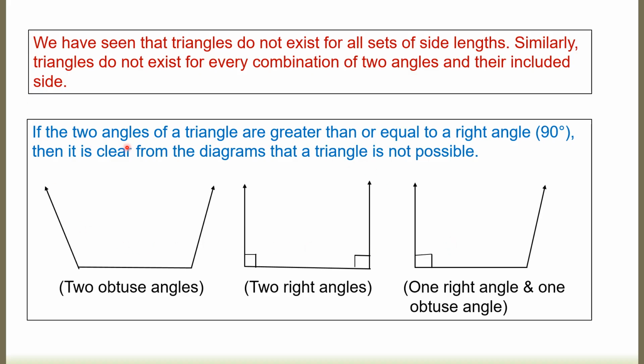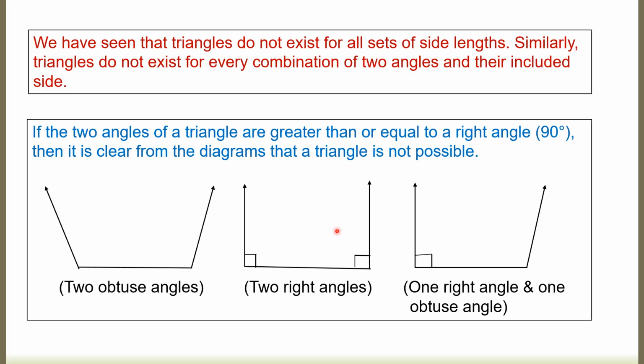If the two angles of a triangle are greater than or equal to a right angle, then from these diagrams you can see that a triangle is not possible. In the first case, two obtuse angles. So naturally these two rays will go in different directions. They won't intersect.